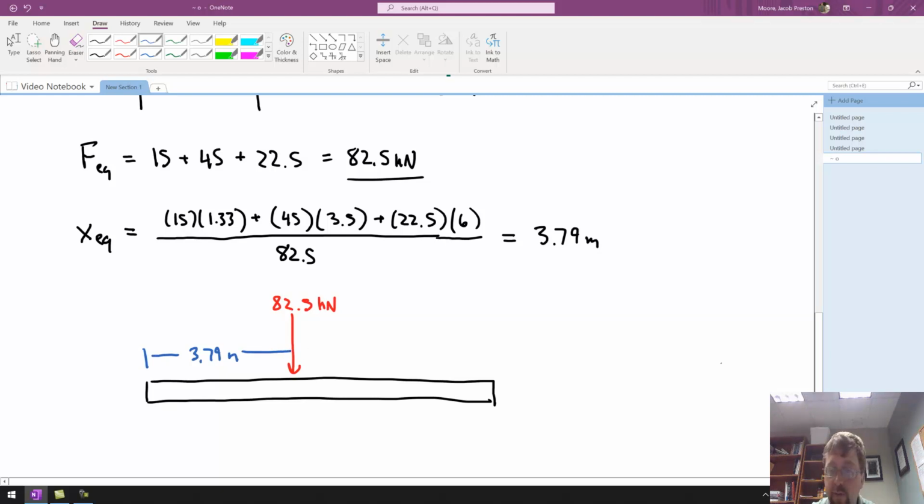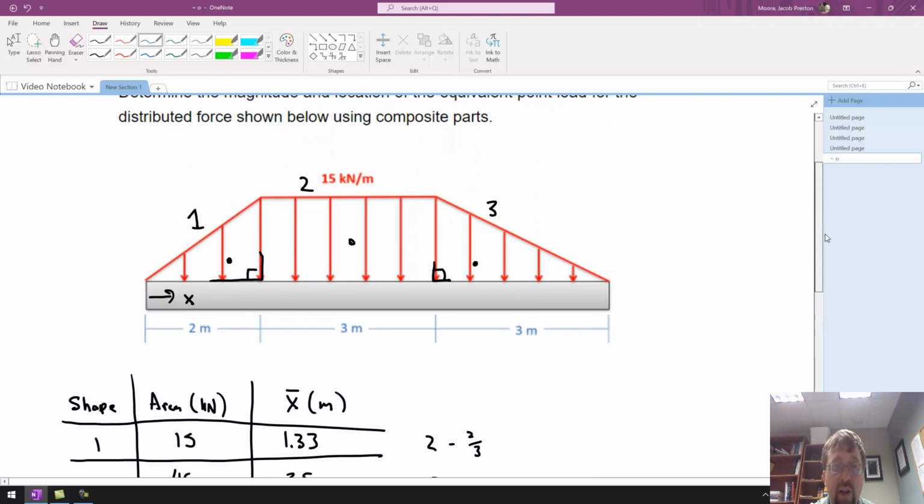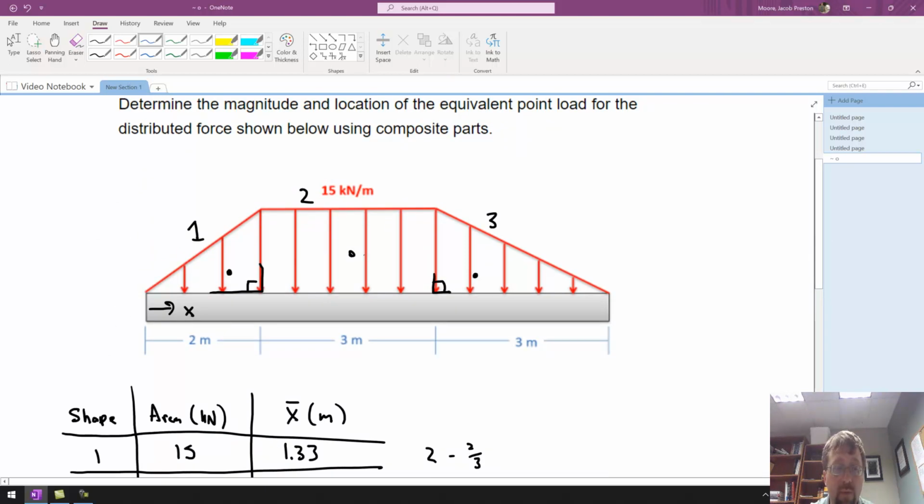So this single point force is statically equivalent to my distributed force up here. All right, so that's all we're looking for. Thank you for watching and hope to see you again.